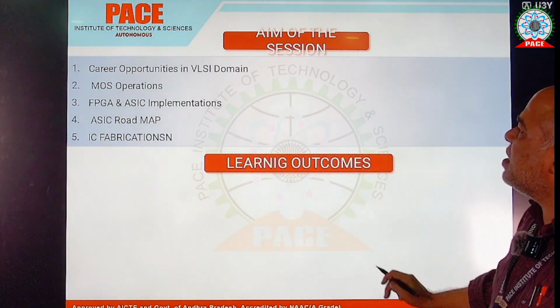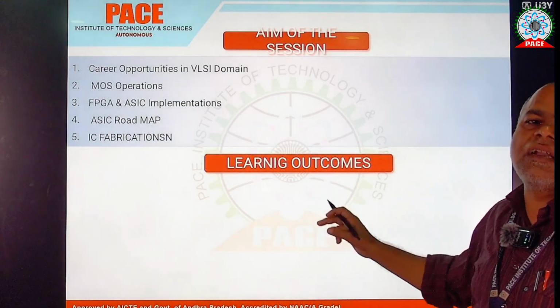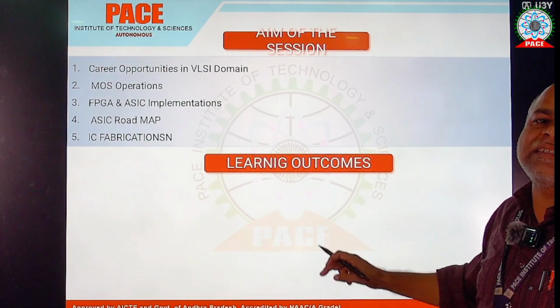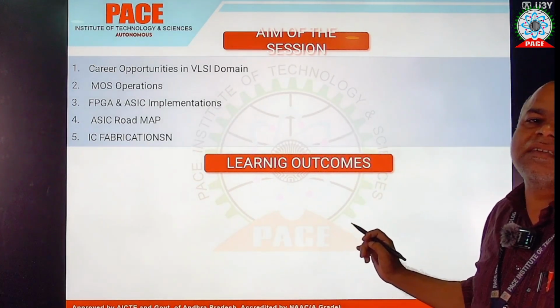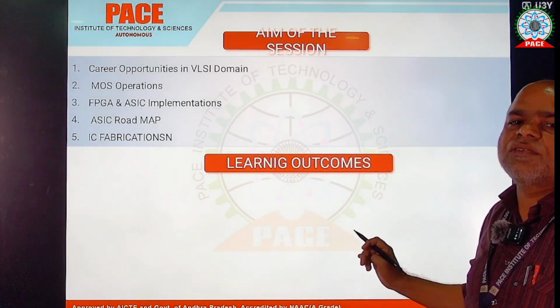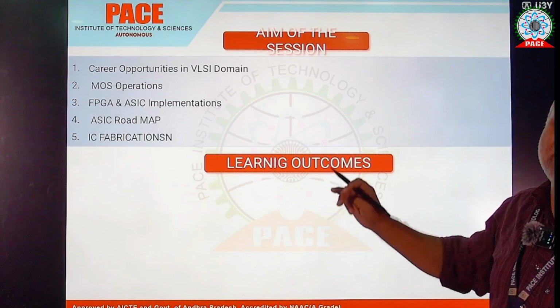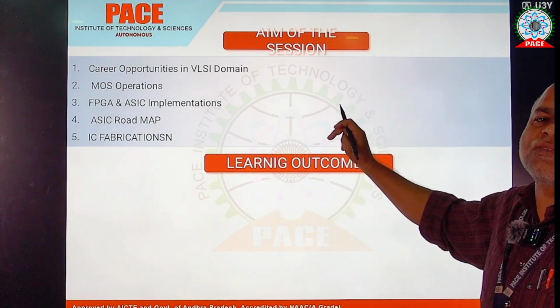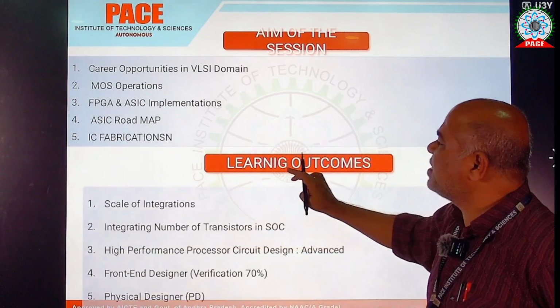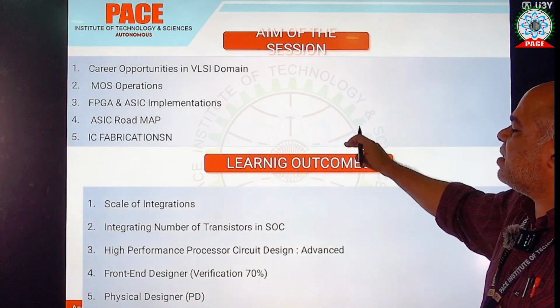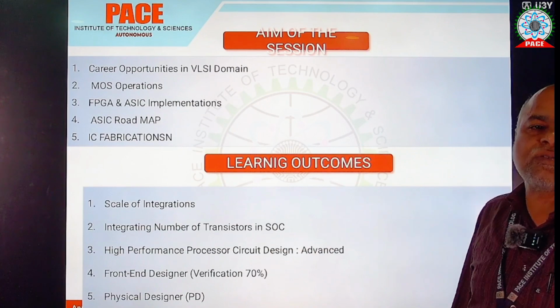So nowadays VLSI design plays a very crucial role in designing various devices, like smart mobiles, embedded systems, and aeronautical space, in ISRO also. Different areas are using VLSI. Then high performance processors can also be designed.